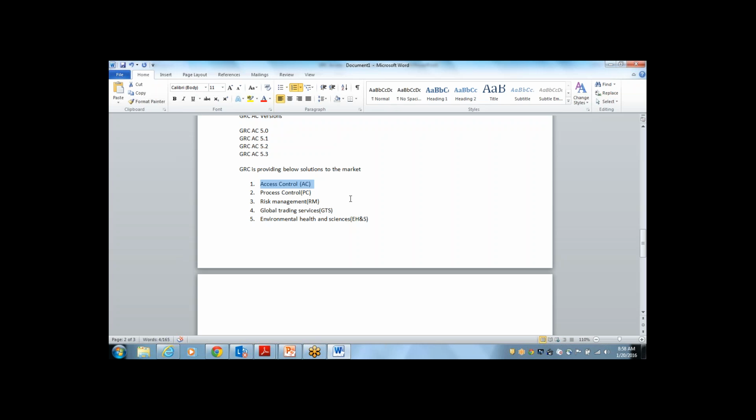Process control deals with process related stuff, mostly financial data, and defining proper processes in the organization. You might have already heard about all these solutions, and there is no rule that all five solutions need to be implemented in GRC. There are only a few projects with the other solutions now, and access control is our ultimate goal. We are going to learn about access control, and these solutions were there from the beginning.